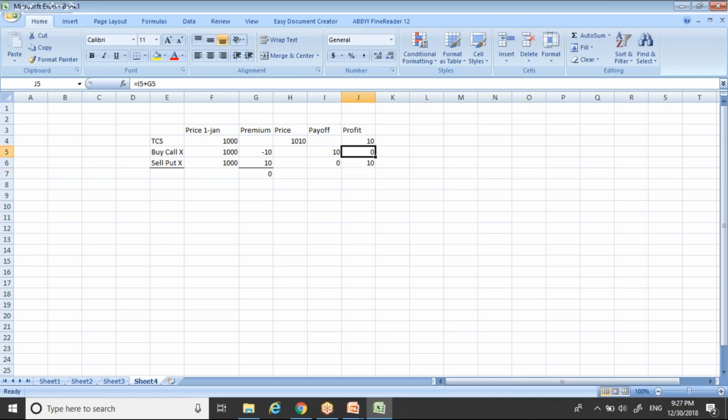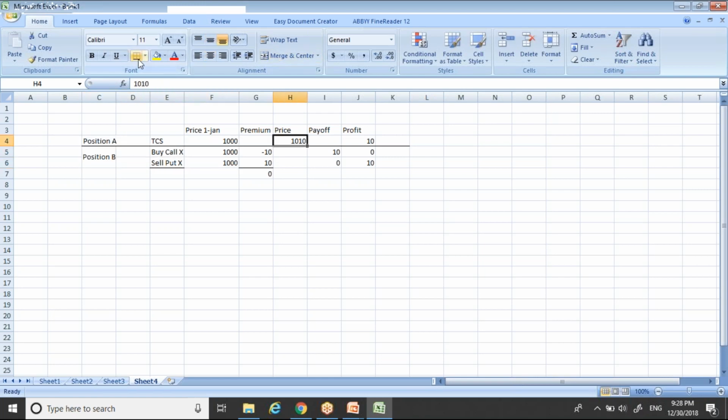So what is happening here is the payoff of both the positions are same. So we have a position here, position A, and we have a position here, B. So both the positions have the same payoff, right?